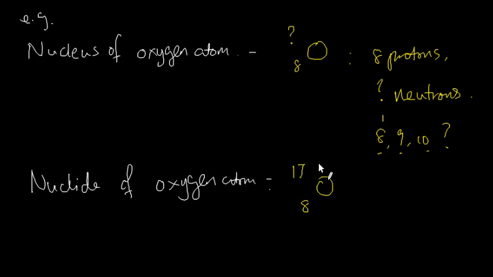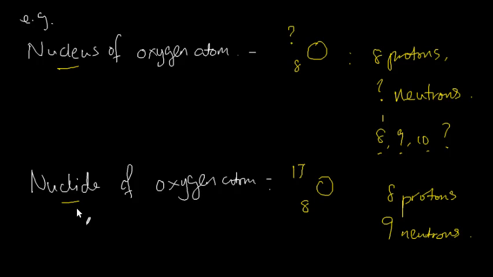So if you're given the nuclide of an oxygen atom, that means you're given both of this information, and you would know that there are, in this example, 8 protons and 17 minus 8, which is 9 neutrons. So I hope this gives a clearer idea as to the different ways to use the words nucleus and nuclide.